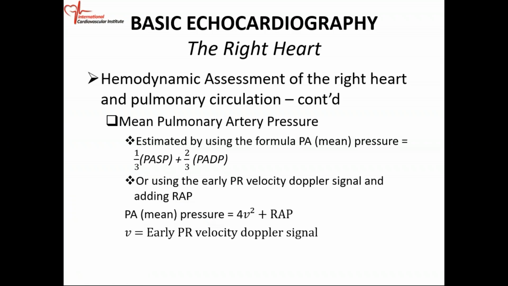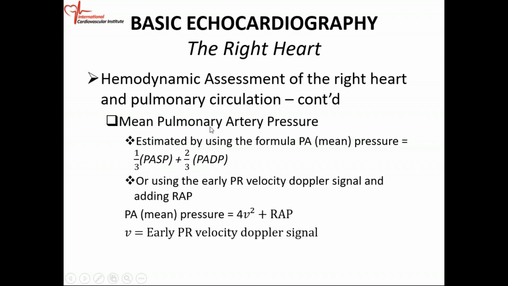Now the mean PA pressure is much more accurate than the other PA pressures, and if you look up the definition for pulmonary hypertension, most reputable texts will talk about mean PA pressure, not the systolic or diastolic pressure.